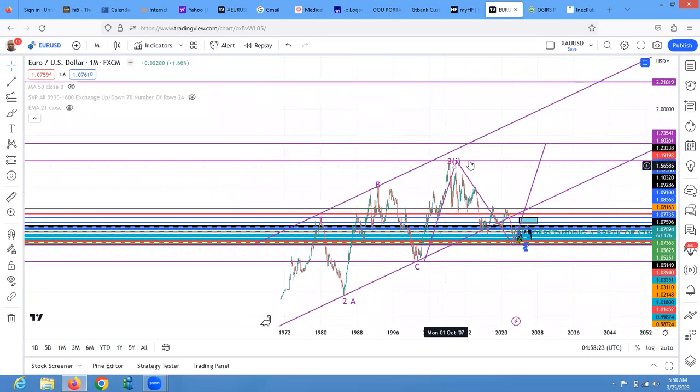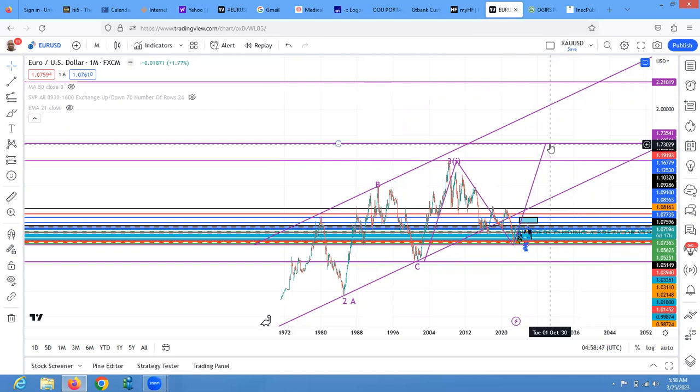So whatever is unfolding, the low here might just be giving us the 3-2 to expect a 3-2, then an ABC form out of a 3-2 before we climb up and break this structure. We'll see how we break this structure.